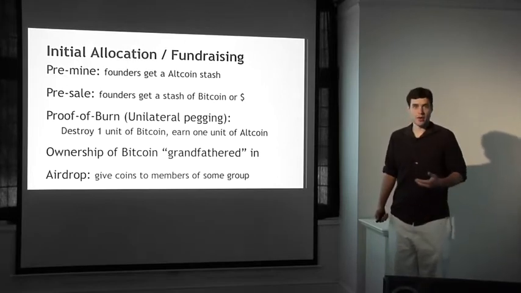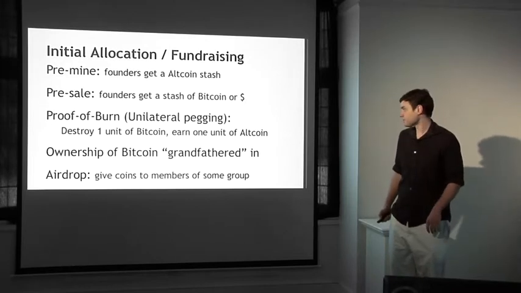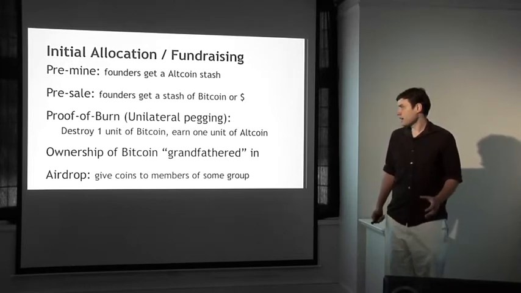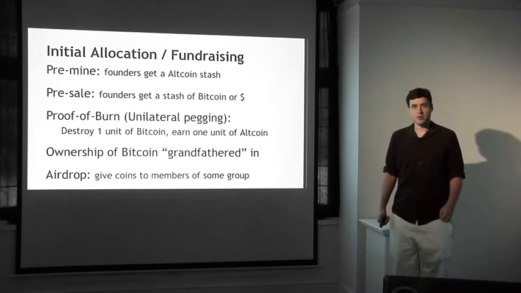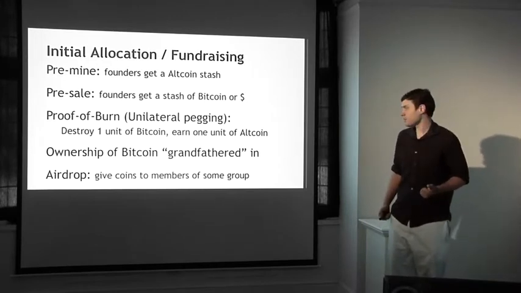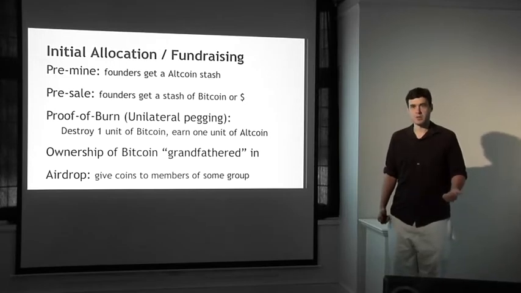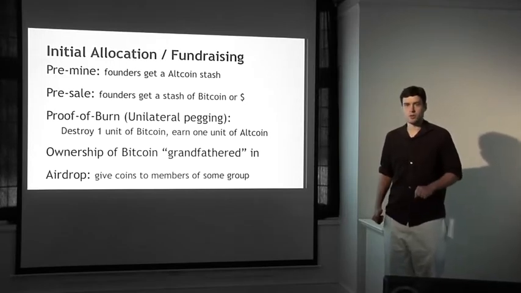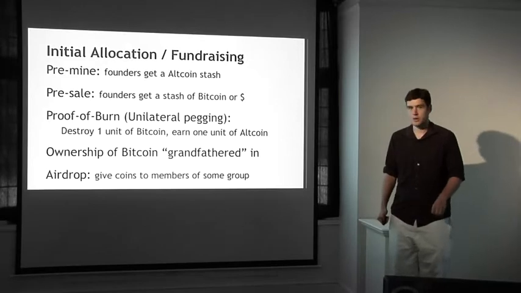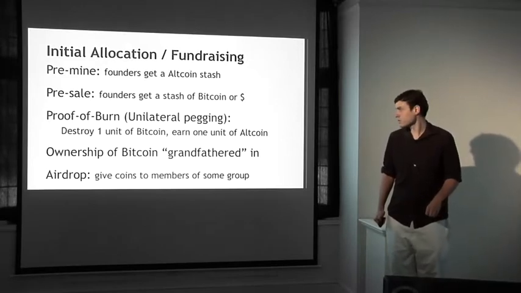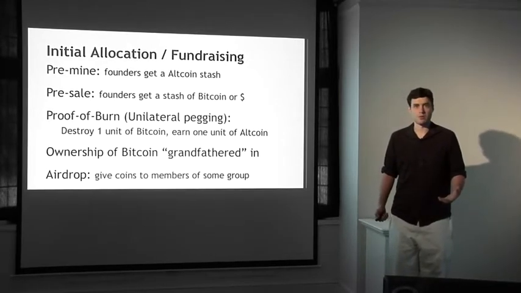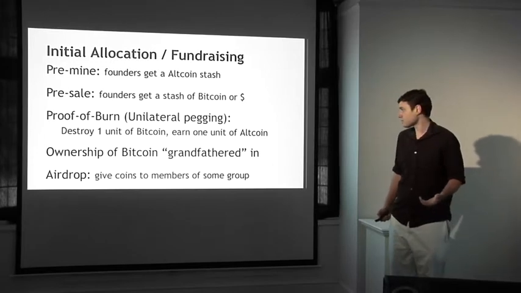On the other hand, there's no way to recover the Bitcoin in this case. It's actually destroyed. An alternative is to have Bitcoin ownership grandfathered in. In other words, if at a current date, taken like a snapshot, you own 1 unit of Bitcoin, then at the time of this altcoin launch, you also own 1 unit of the altcoin. In this case, the original Bitcoin doesn't have to be destroyed.